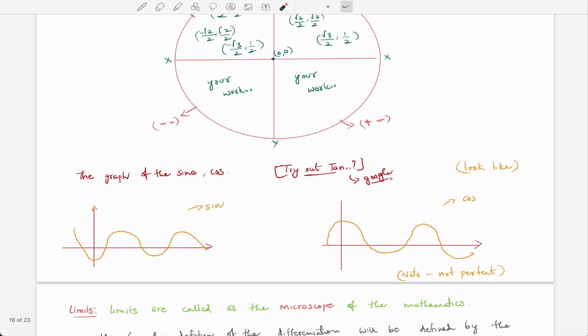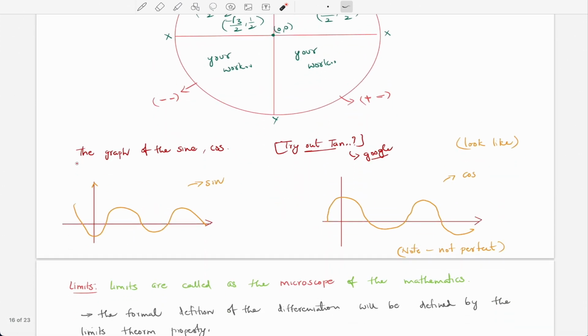So I just want to give the graphs. What are the graphs? The graphs are those of sine and cosine. The graph looks like this. The sine graph looks like this, and the cosecant graph looks like this.